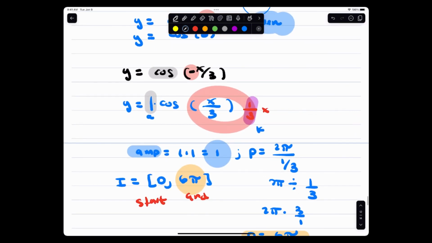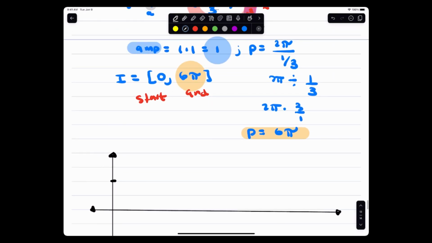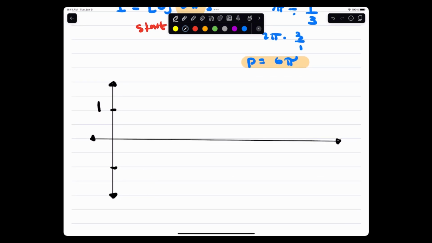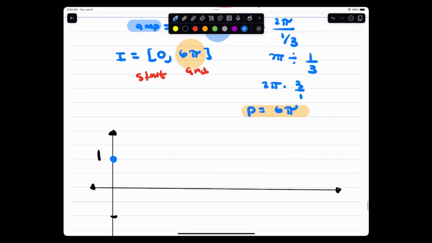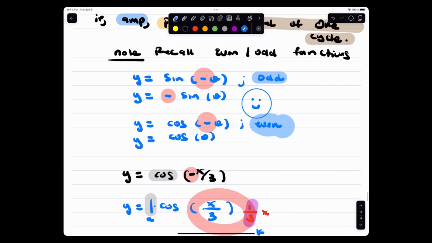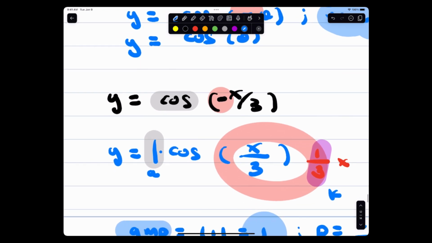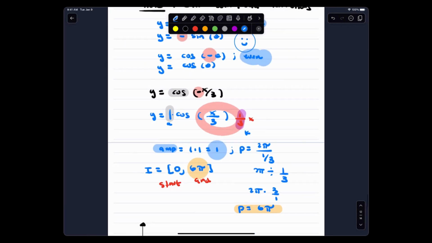How does a curve for cosine behave? You start at the top. The amplitude was 1. So you start over here. Is that true? This is where you start. So when x is 0, you're starting at the amplitude, the maximum value, because your curve is a cosine curve. And that's how cosine behaves. So you got to know how that behaves.